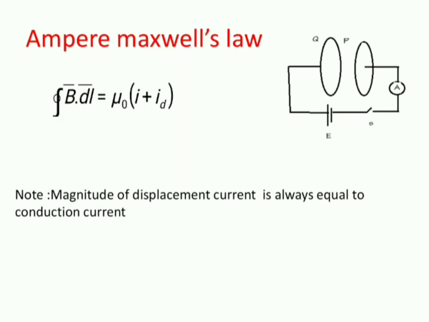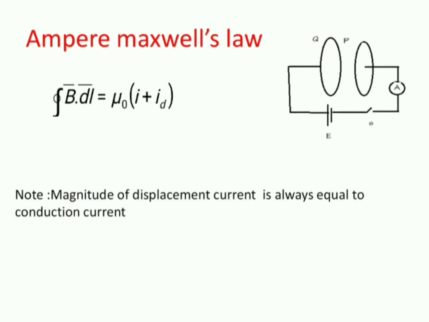Okay, now look at Ampere Maxwell's law. As I told you, we can explain this concept or presence of magnetic field at P by making use of displacement current. So you can make this relation integral B dot dl as mu naught into I plus id. But remember, when I is present, id is absent. When id is present, I is not present. So if you apply Ampere's law at Q, we have only conduction current.